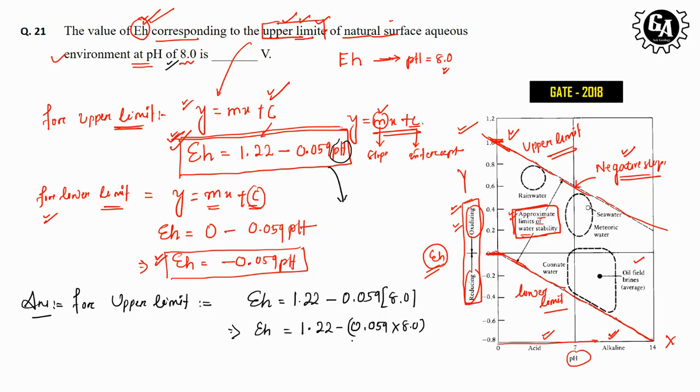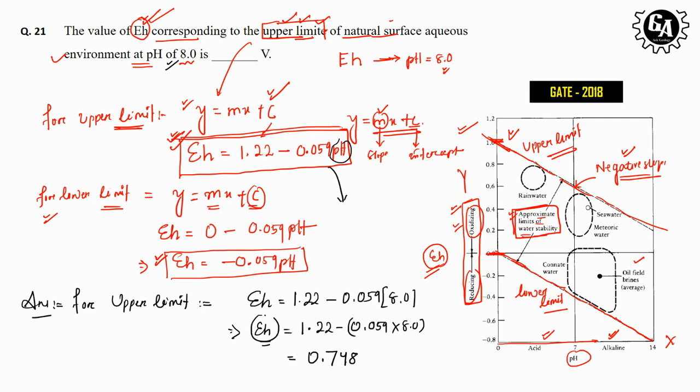Just calculate: 0.059 times 8.0 is 0.472, so 1.22 minus 0.472 is 0.748. This is the EH.